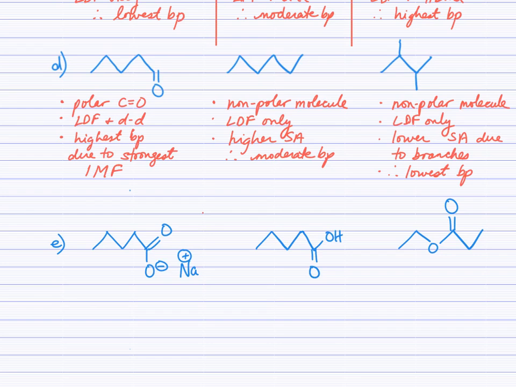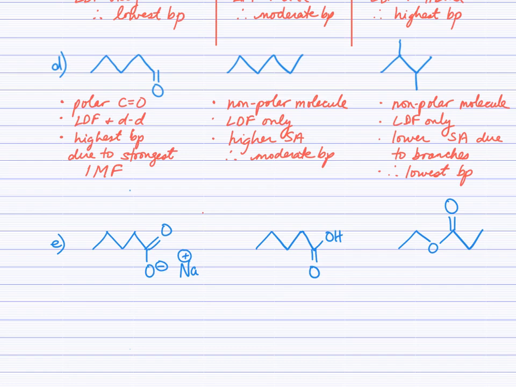The fact that it doesn't have branches means it has a higher surface area than the third molecule in this question. And so the presence of the branches in 2,3-dimethylbutane on the right hand side here means that there will be a lower surface area and therefore weaker IMF. And so we see the lowest boiling point on the far right and the highest boiling point on the far left.